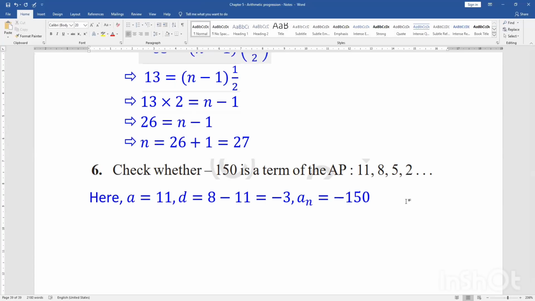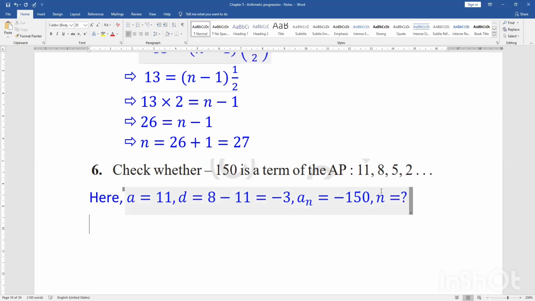Next, here we need to find the value of n. If you get n as a natural number, then only minus 150 belongs to the given AP. If you get some fraction or decimal number, then you cannot consider minus 150 as a term of the given AP. So here n is a question mark as such.